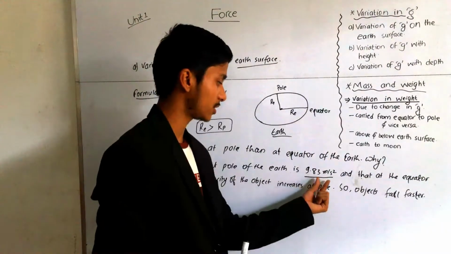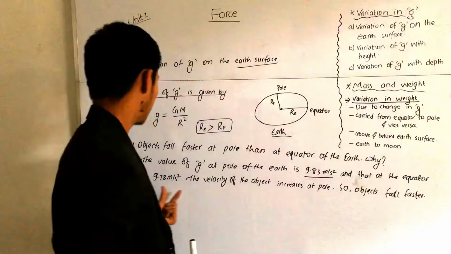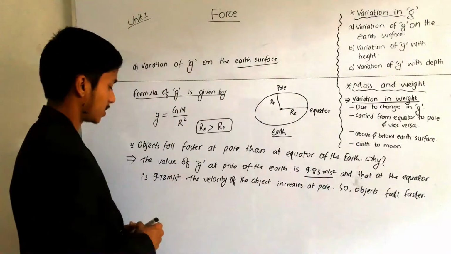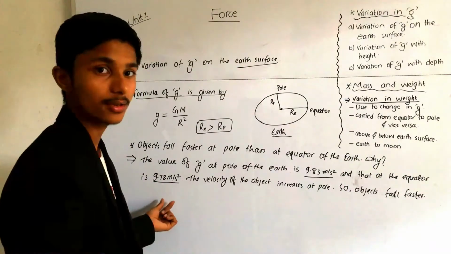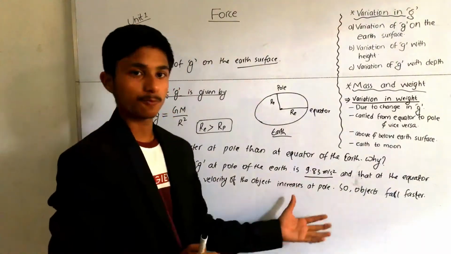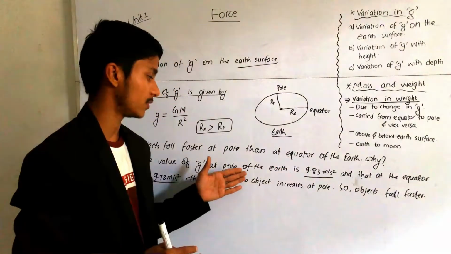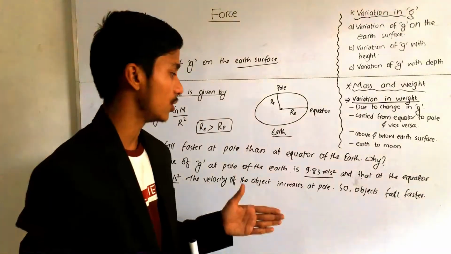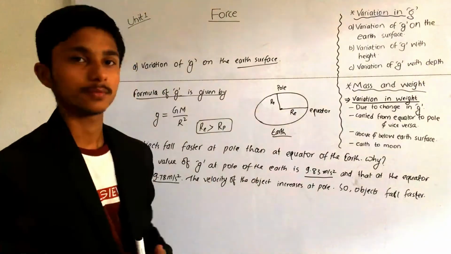You can note it down because this is the maximum value, and that at the equator is 9.78 meter per second square. This is the minimum value of acceleration due to gravity on earth. Since the acceleration due to gravity is more, the velocity of the object increases at the pole. So the object falls faster at the pole.